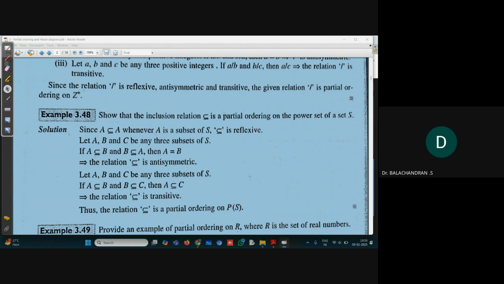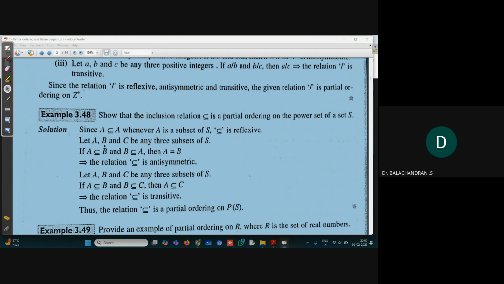So S is a given set. For that set, you should find the power set. Now, what is the set you have? The power set of S and set inclusion. So now I am going to show that this set inclusion is a partial ordering on the power set of S.